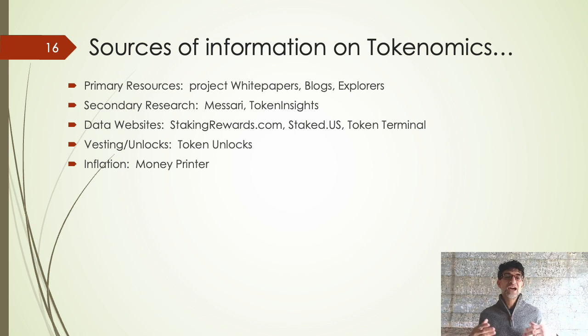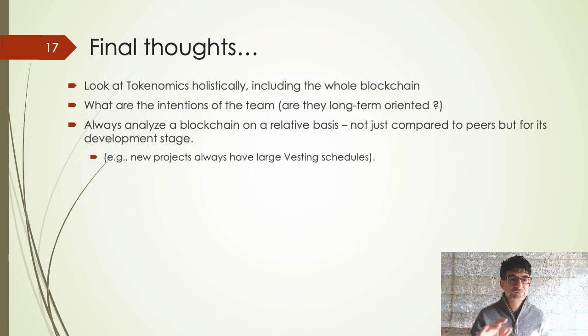What's more popular now is that you can use secondary research companies, but they charge money sometimes. Token Insights, Messari, Token Terminal, data websites like Token Terminal, Stake.us. You can go to tokenunlocks.com, or you could go to a website called Money Printing.